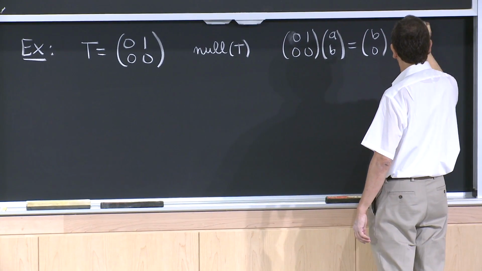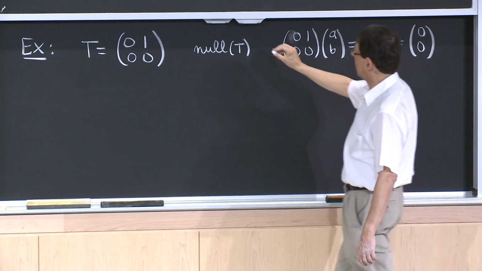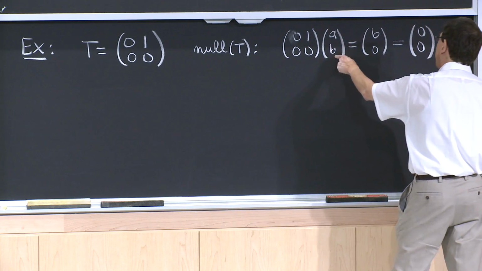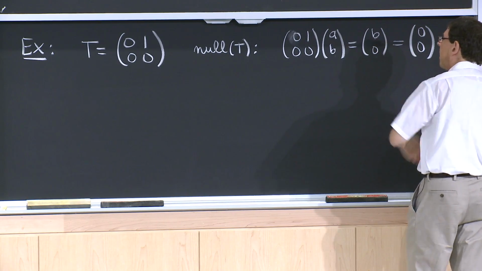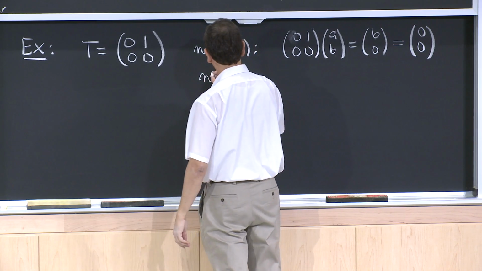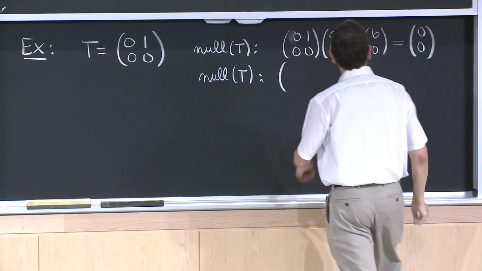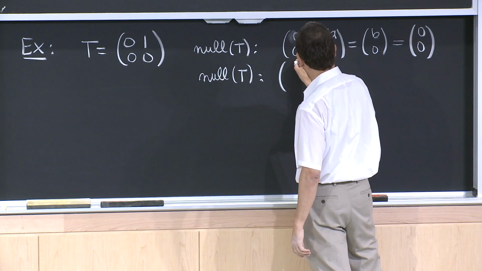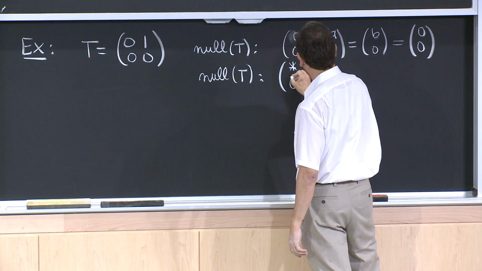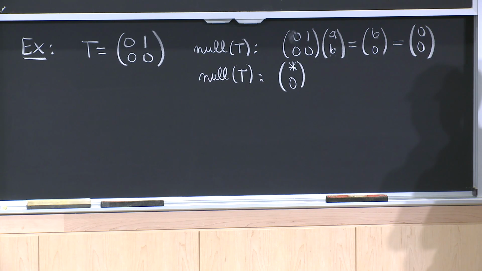And we demand that this be killed, because we're asking for the vectors that are killed by T. You want it to be 0. So the vectors in null of T are vectors for which b is 0. This component is 0. So they are vectors of the form something here and 0 there. These are the vectors that are killed by the operator T.